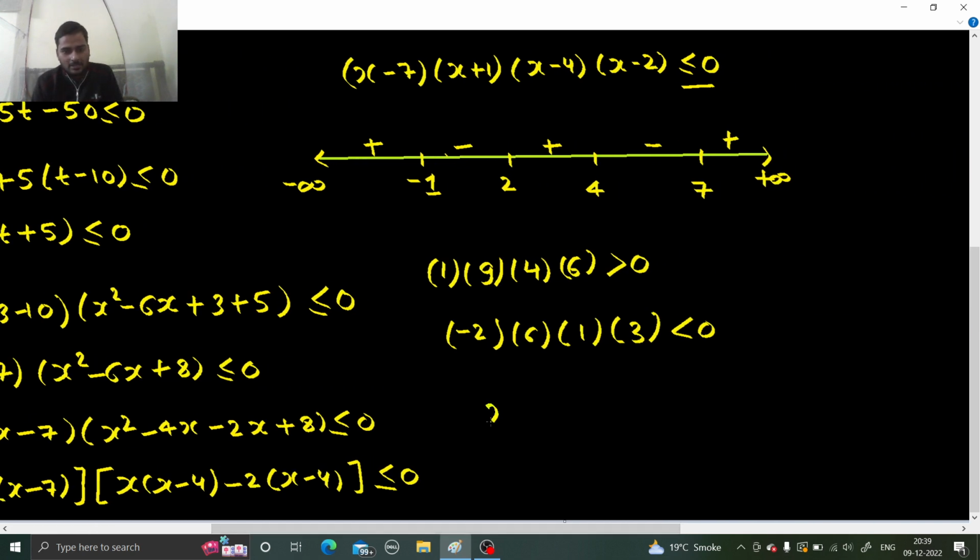So when I'm writing my solution, as they are asking for less than equal to 0, all the negative regions, and all of -1, 2, 4 and 7, all of them will be a part of our answer, because none of them is making it not defined, because equality is there, and when you put x equals 7, the overall expression is becoming equal to 0, so they will be accepted in our answer.